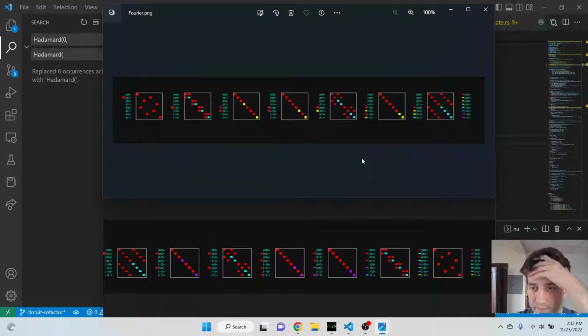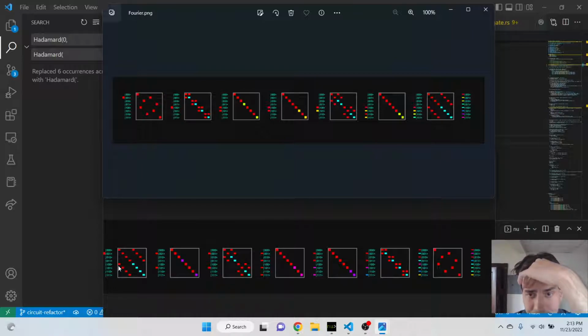So we expect these to be inverses of one another. The top one's the actual Fourier transform, the bottom one's the inverse. So this and this are exactly the same matrix, but that's fine because it's its own inverse in this particular case. These are exactly the same matrix, which is fine because Hadamard gates are their own inverse. Same with these two, same with these two.